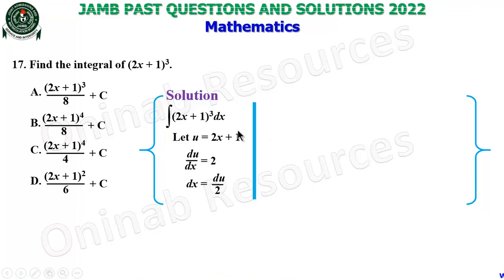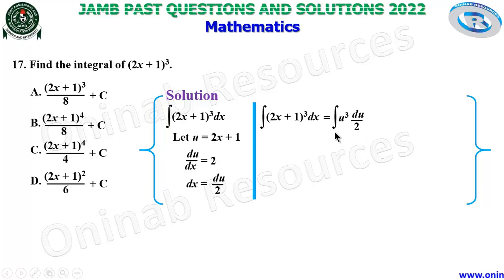So in our solution now, the integral of 2x plus 1 power 3 dx, we substitute all these. 2x plus 1 is u, so we are going to have the integral of u raised to power 3. The dx is what? du over 2. So this is a constant, so we have 1 over 2 integral of u raised to power 3 du.